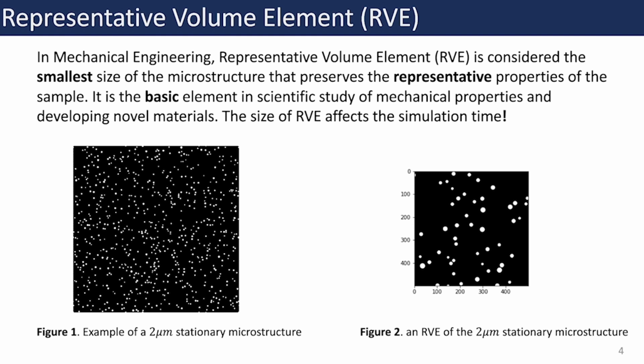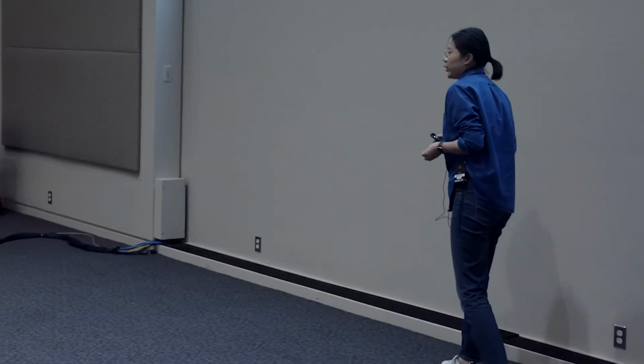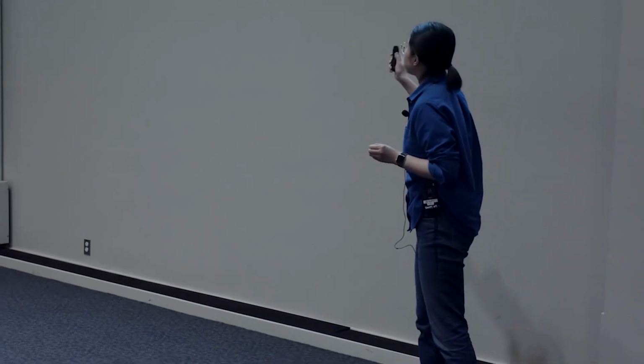It is so small that you can see the small particles, which are the white pixels in this image. If we are interested in the strengths, such as the Young's modulus of this 2 micrometer stationary microstructure, and we run the simulation program on it, it will take about 1.5 hours.